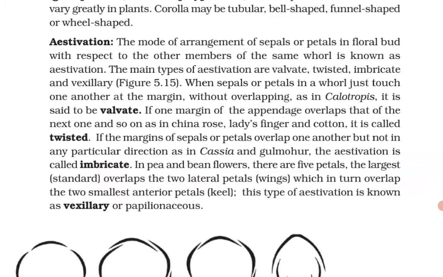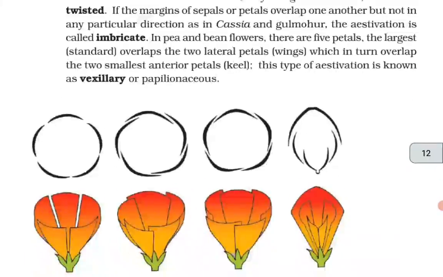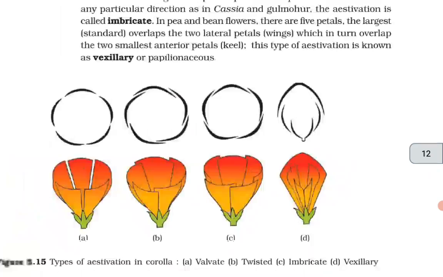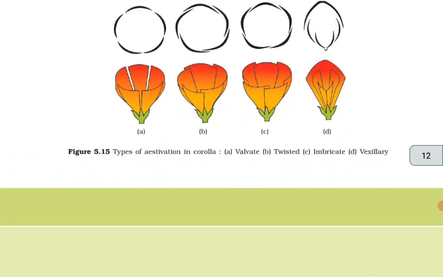The largest standard overlaps the 2 lateral petals, wings, which in turn overlap the 2 smallest anterior petals, keel. This type of aestivation is known as vexillary or papilionaceous. Figure 5.15, types of aestivation in corolla. A. Valvate, B. Twisted, C. Imbricate and D is vexillary.